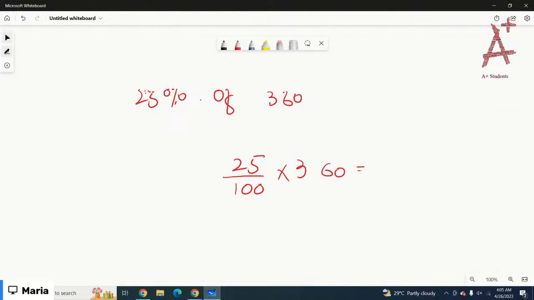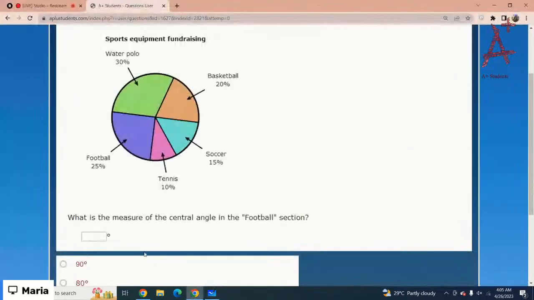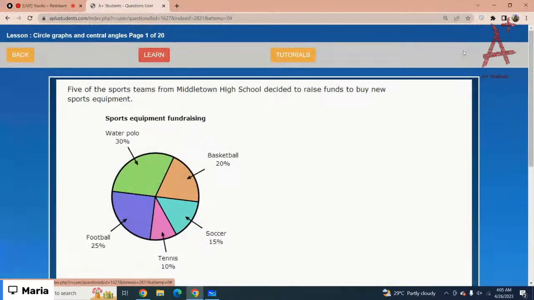So let's just multiply. Let's see what is the value. Yes, that would be 90 degrees. That means the angle is 90 degrees. Very good.